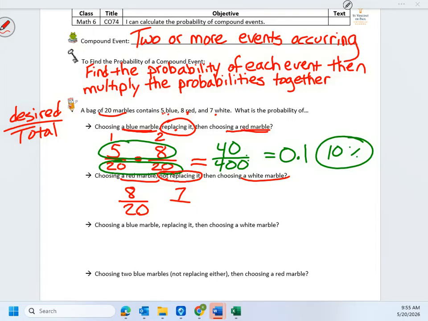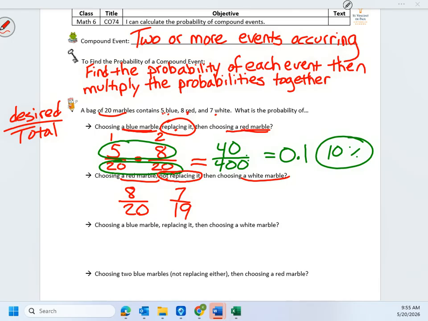So how many marbles are left in my bag if I don't put the red one back in it? I had 20 and I take 1 out. 19, so it's going to go down by 1, because that one red marble that I kept out, I don't put back in, so it's going down by 1 number.